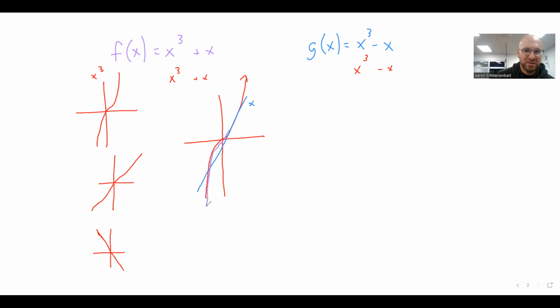Makes very little difference away from the middle, but my blue one should actually go through the origin. What does it do? I add them together and it just stretches it out a little bit. When I'm talking about something like 2 cubed is 8, I add 2 to it. That makes a little difference.